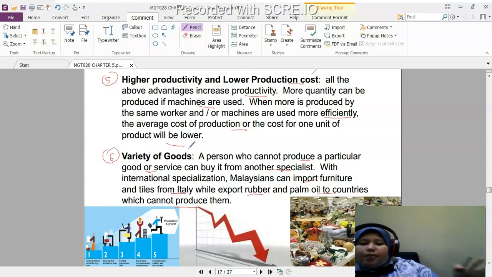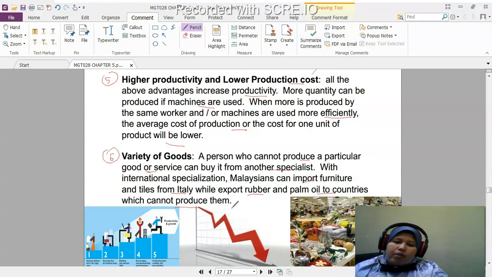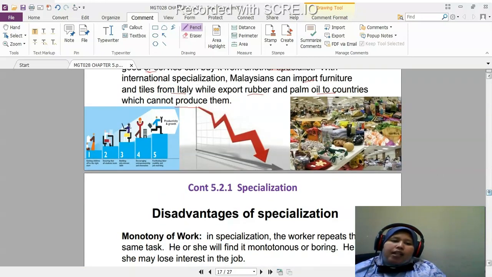Okay, kalau each of the country ada specialization dia sendiri, dia fokus kepada potential agriculture dia, so kita boleh bertukar-tukar, kita akan ada banyak variety of goods lah. Contoh Malaysia boleh import tiles ataupun perabot daripada Itali. Itali pandai buat perabot. Tapi kita pula apa yang kita boleh buat? Kita boleh ekspor getah dan juga kelapa sawit to other countries yang tak ada minyak kelapa sawit.